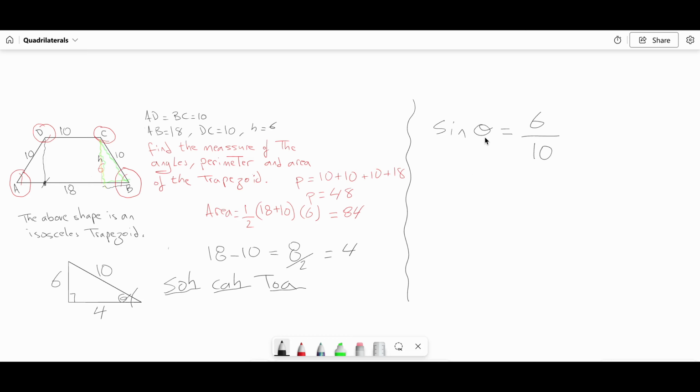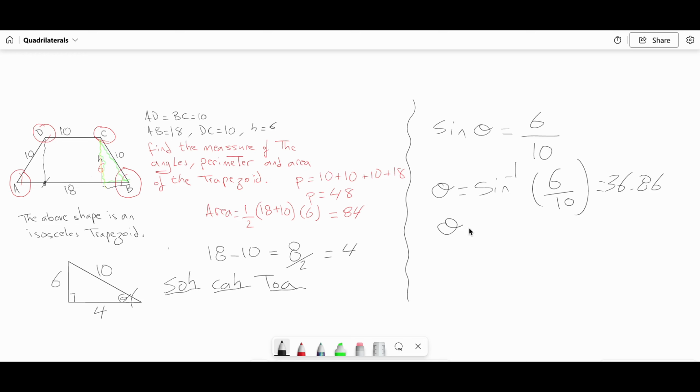And in order to find theta, I need to do the inverse of the sine, which is sine to the power of -1 of 6 over 10. And this will give me, and I'm going to use my calculator, of course, let's use 2 decimals, 36.86.